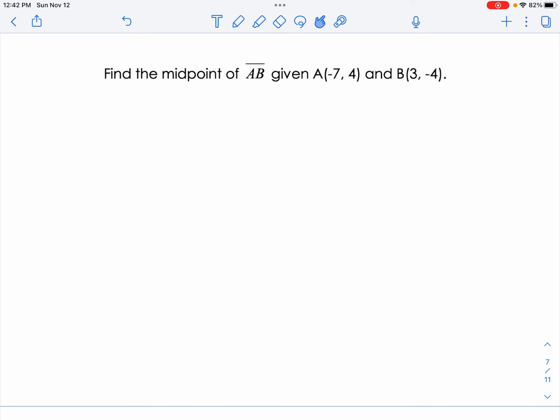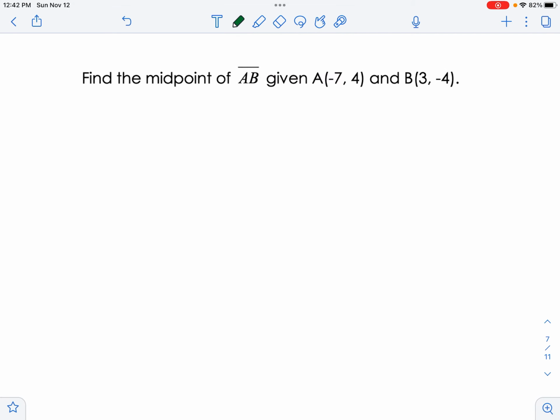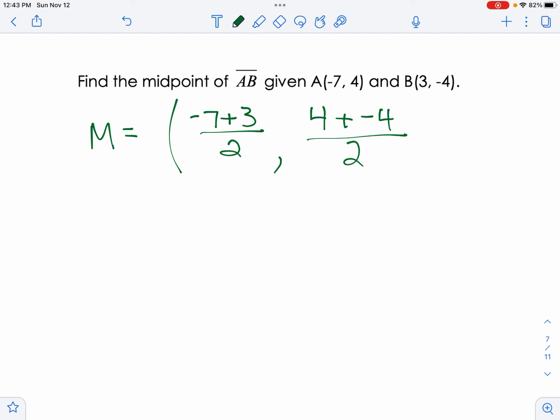All right, so the midpoint is equal to x1 plus x2, so negative 7 plus 3, divided by 2, comma, and then now let's do the y's. So y1, 4, plus negative 4 is y2, divided by 2.